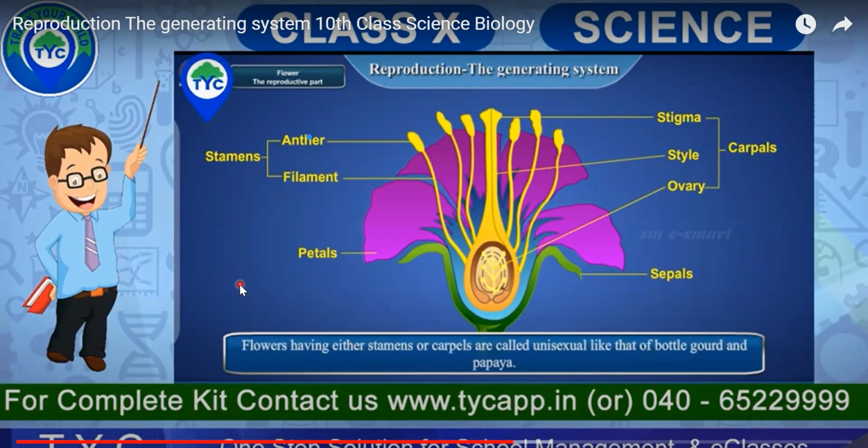Carpels, yes. And it has stigma, style, ovary. Very good. And you can see that the female reproductive organs are protected by sepals, and petals protect the male reproductive organs.